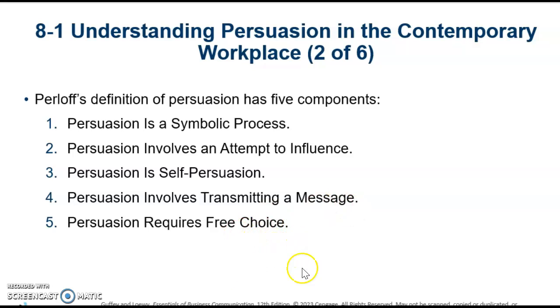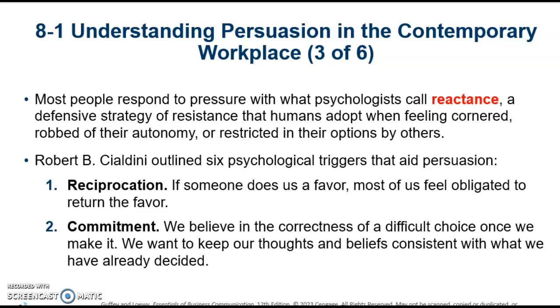People are free when they're not forced to comply, when they can refuse a suggestion, and when they don't feel pressure to act against their own preferences. Another term when we're talking about persuasion is reactance. This is a defense strategy of resistance that humans adopt when they're feeling concerned, robbed of their autonomy, or restricted in their options by others.